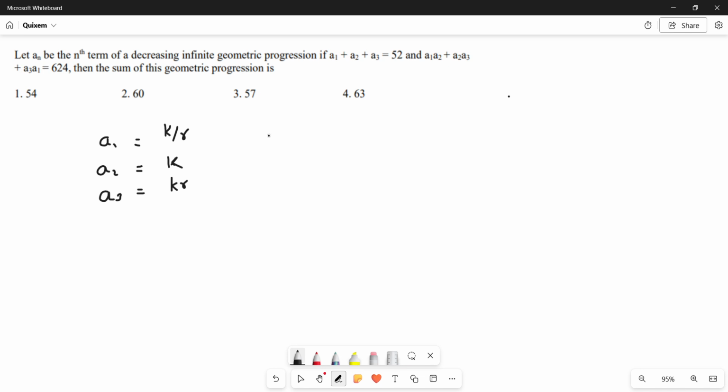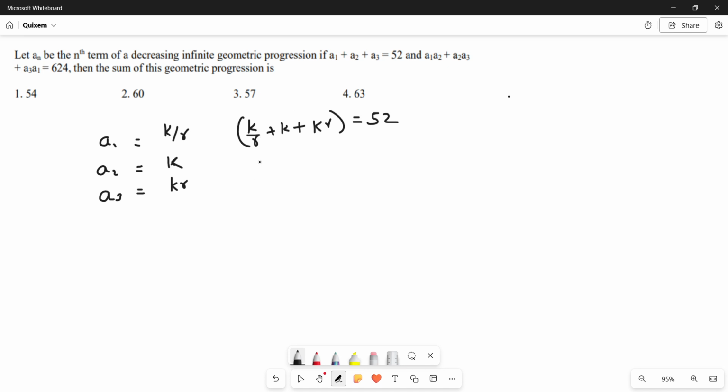So this means essentially k by r plus k plus kr equals the first equation, which is 52.